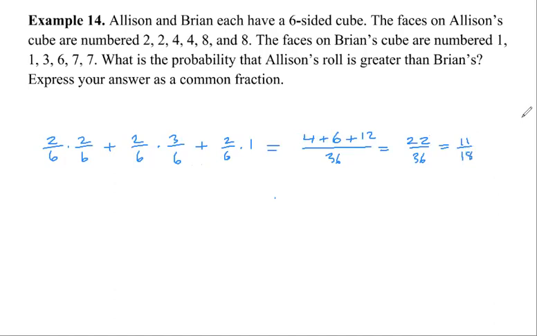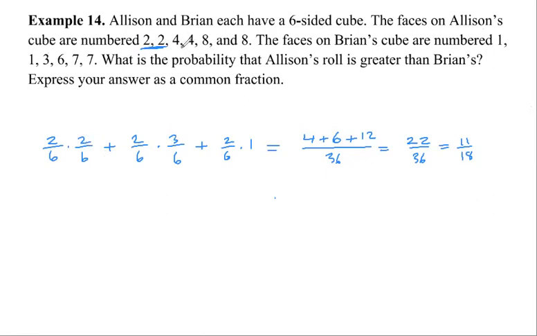Okay, so any questions? It's kind of straightforward. If you choose the 2 for Allison, you have 2 options, so we have 2 over 6 probability of choosing 2. And for Allison to win, we should have something smaller for Brian, which is only the number 1. But we have that number 1 twice, so that's 2 over 6.